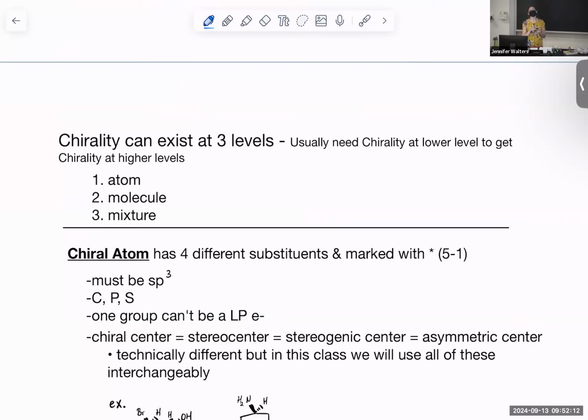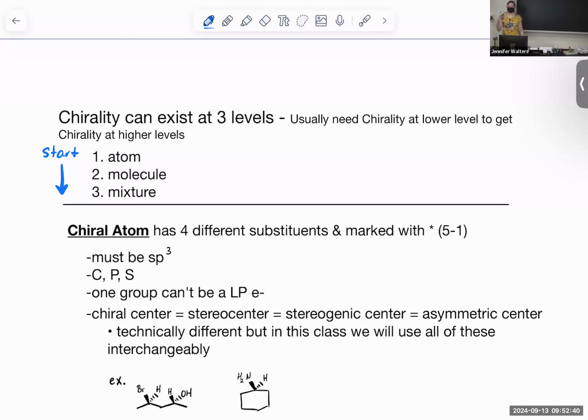You usually need chirality at a lower level to get at the higher level, meaning that we're going to build up. So you're going to start here and build up, so that if you ever lose chirality at one point, then you lose chirality at all remaining points. Usually, there are a couple of exceptions. But in general, we're going to do it in that order.